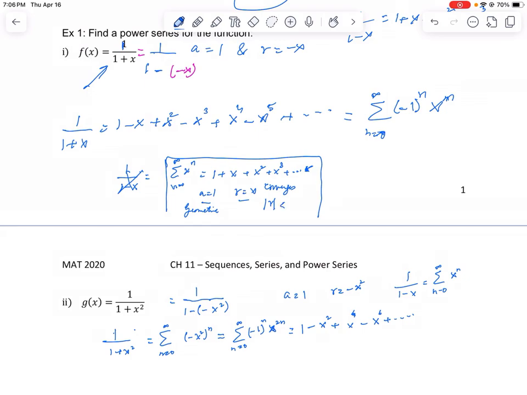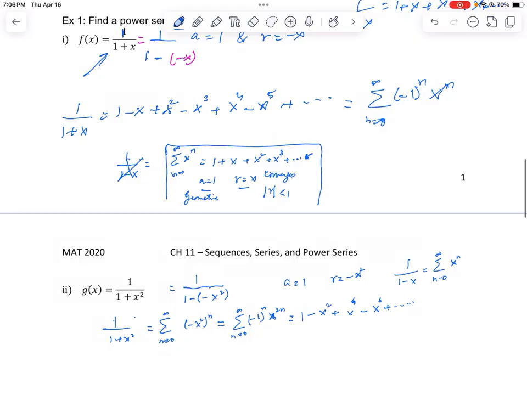So in our case, when it is converging, we can write the sum as 1 over 1 minus x.